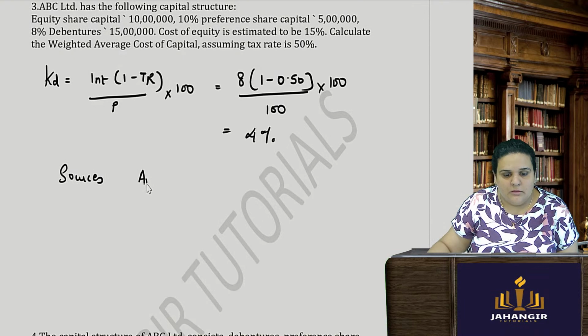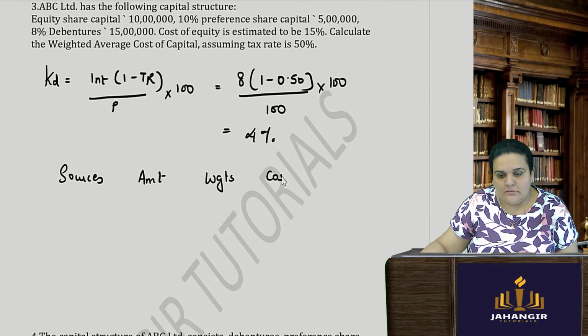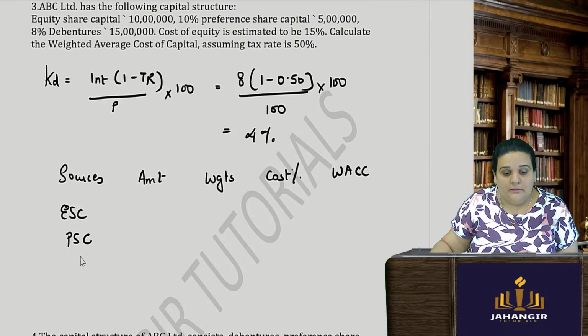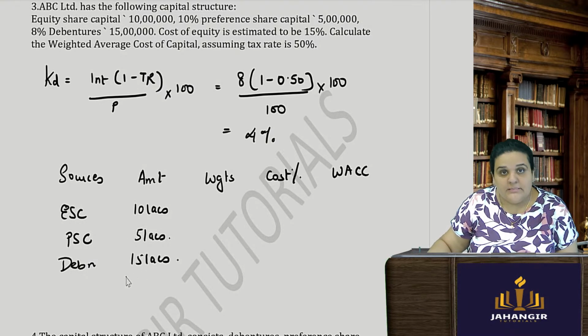Sources, amount, weights and cost, weighted average cost of capital. I have equity share capital, preference share capital and debentures. Equity share capital is 10 lakhs, preference share capital is 5 lakhs, debentures is 15 lakhs, total is 30 lakhs.